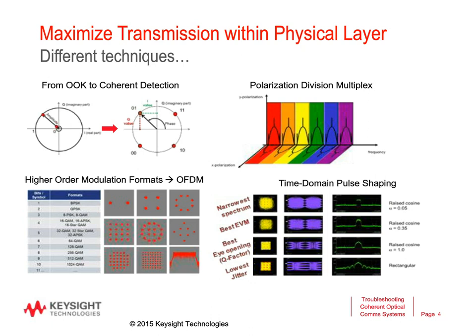The next one shows the best EVM. The third one is the best eye-opening, and the lowest jitter on the bottom. So there's no rule of thumb that says this is the best modulation scheme, but you can guess from the spectrum on the right-hand side, the green trace, that it makes a difference in the spectral use of these kind of signals as well.